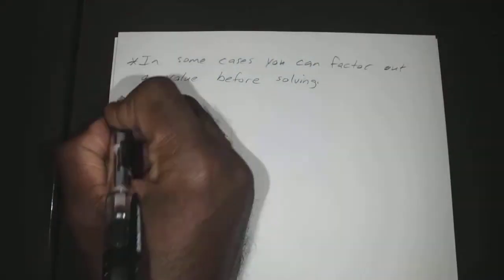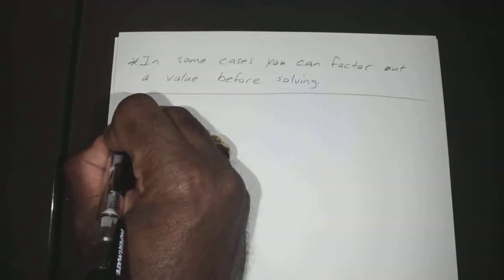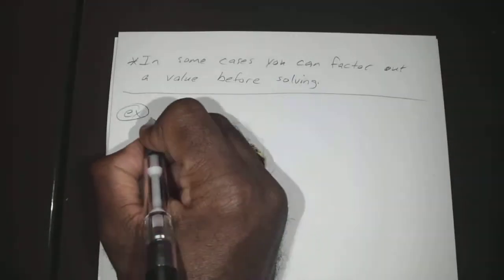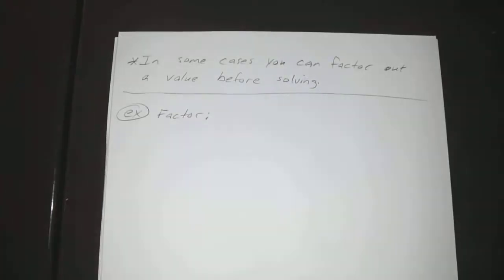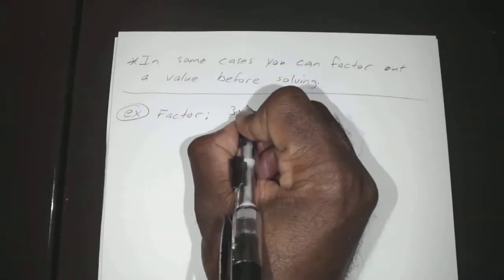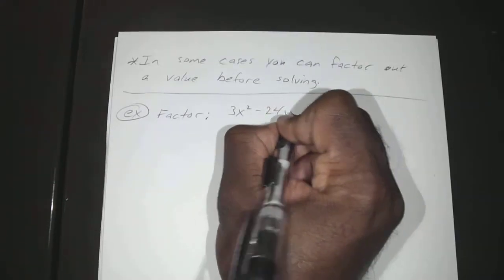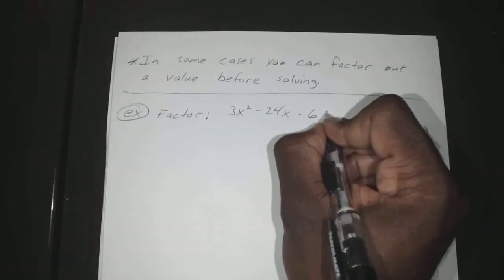So let's say we have our example, let's say we wanted to factor 3x squared minus 24x minus 60.